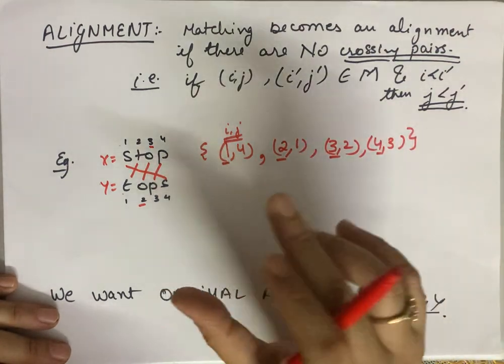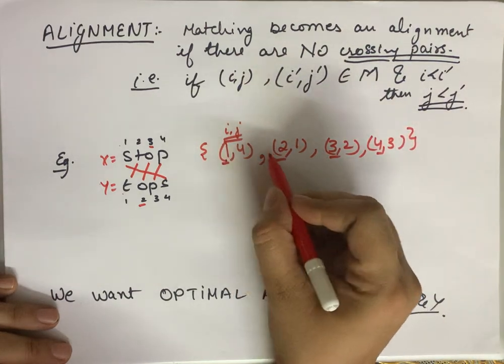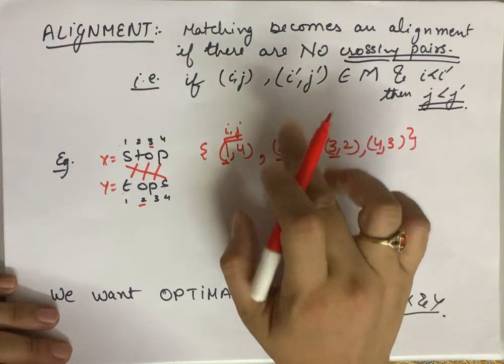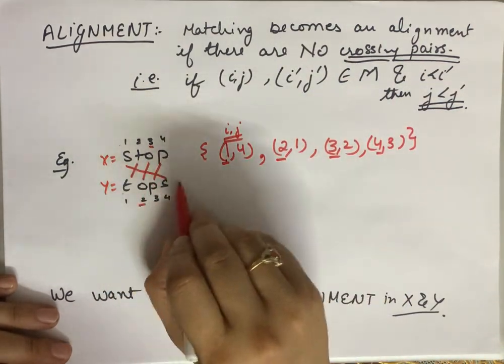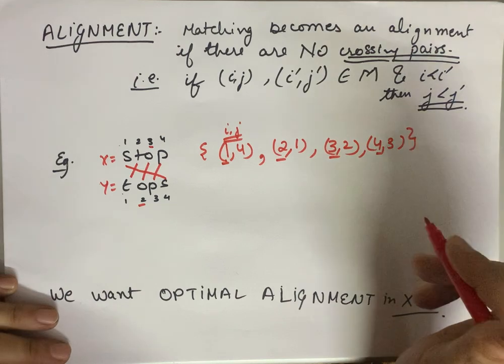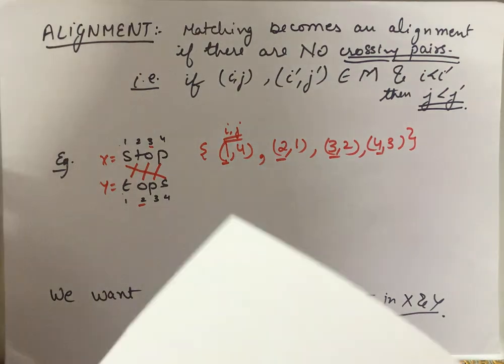But अगर सारे हैं तब भी, नहीं है तब भी, this 1 cannot repeat, this 2 cannot repeat, this 3, the position of S cannot repeat. Similarly यहाँ पे भी Y में भी कोई repeat नहीं हो सकता. Let me just take another example for simplicity so that we understand, and then we'll come back to alignment.